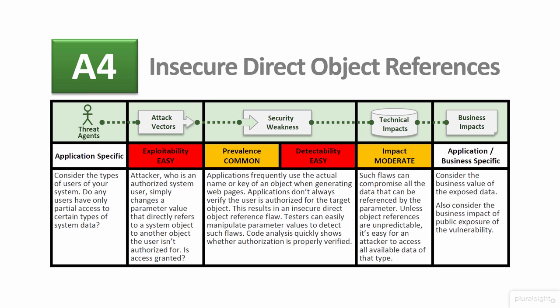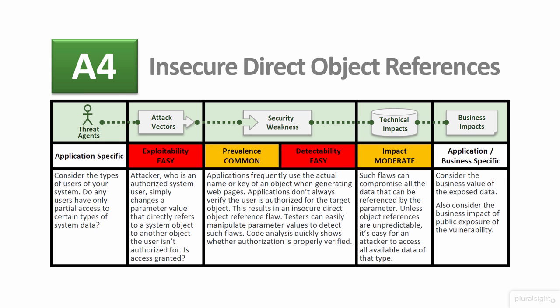Now, OWASP prioritized their risks based on a number of different factors, and you can see those represented in the table here. Those factors include things like the exploitability. It is easy to exploit an insecure direct object reference risk, and we're going to see just how easy in just a moment. It's also quite a common risk, and the detectability is also easy.